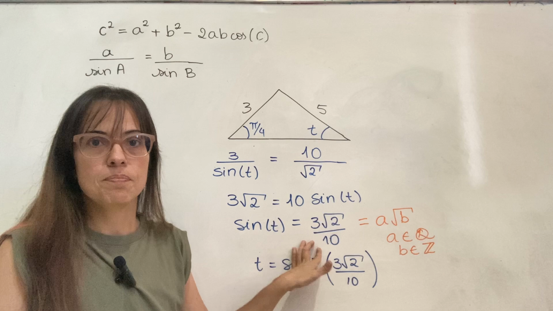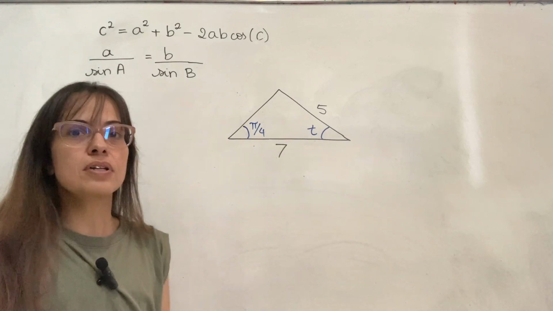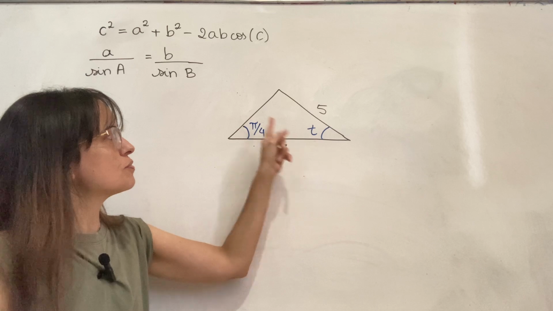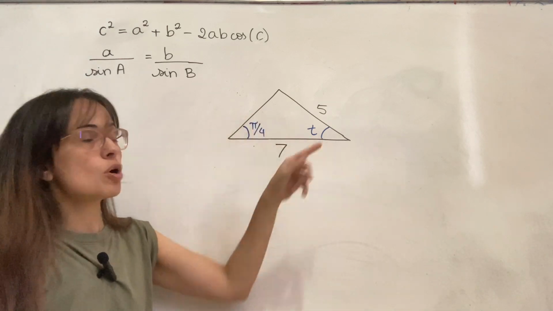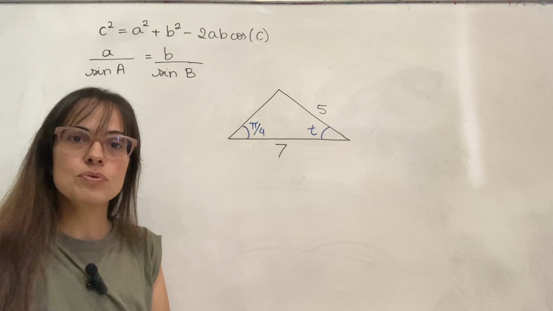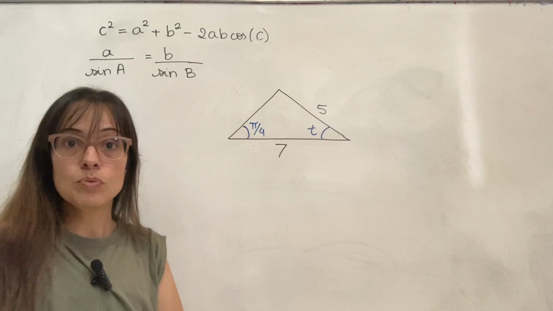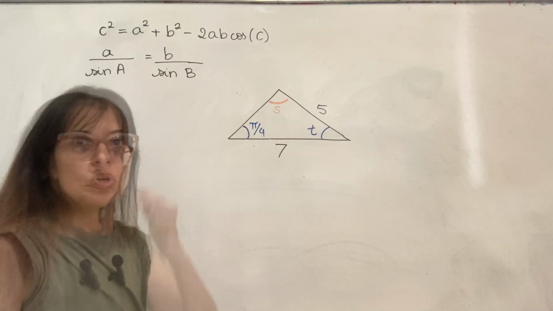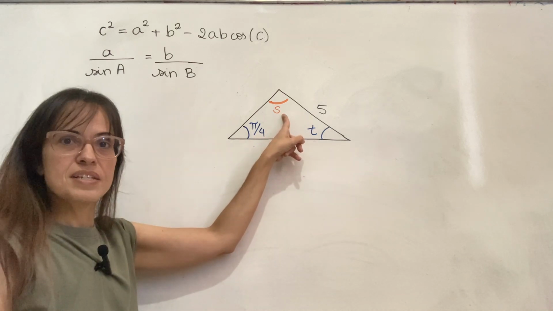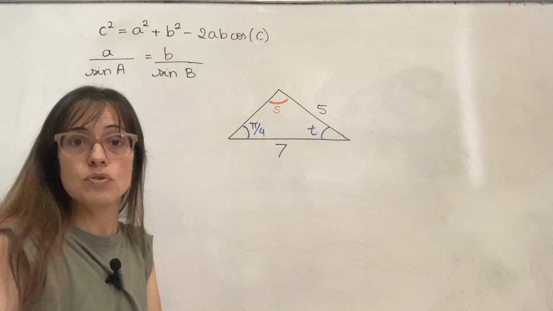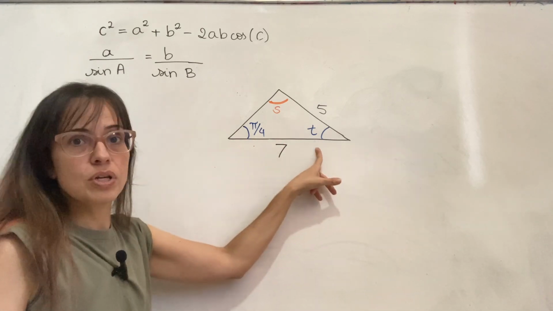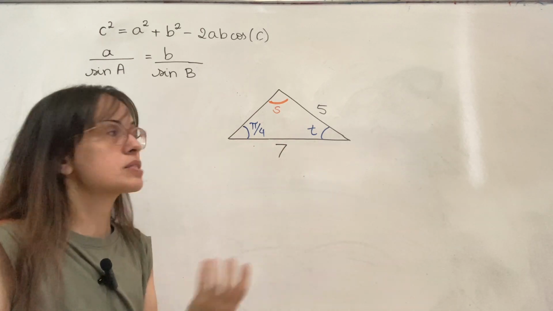Another funny thing that can happen sometimes is if you don't have the side that is opposite to the angle that you're trying to find, how are you going to still use the sine rule in that kind of situation? Well, maybe you find the other angle first, right? This one that I called S here, even if they're not asking you for S, this is a strategy that you can use in order to get to T, which is what they're actually asking you for.